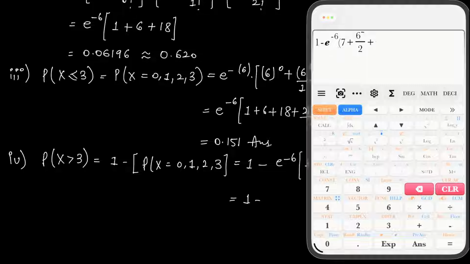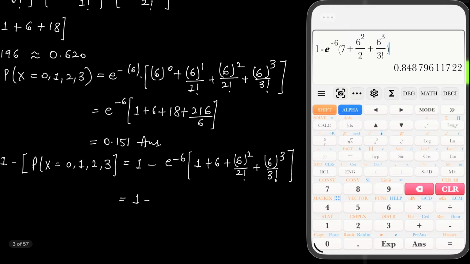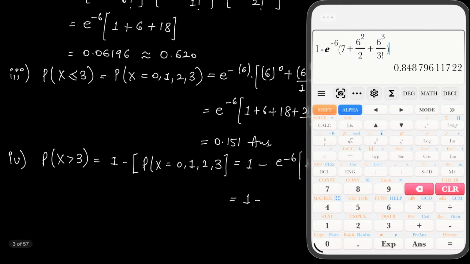Then 6 raised to the power 3 over 3 factorial. Let's close the brackets, and this is what we are getting as the final answer. Okay, so let's quickly write down the final answer. This is what we are getting: 0.8487. So I will write it as 0.849, in 3 significant figures. So probability of x greater than 3 is calculated in this way.